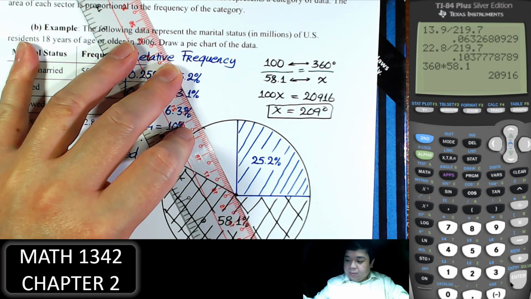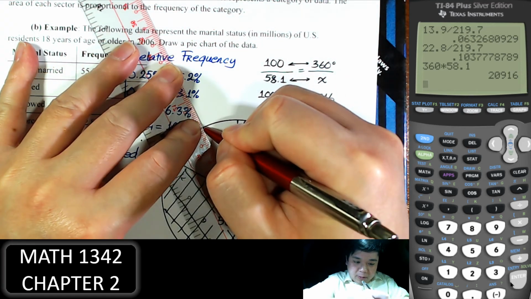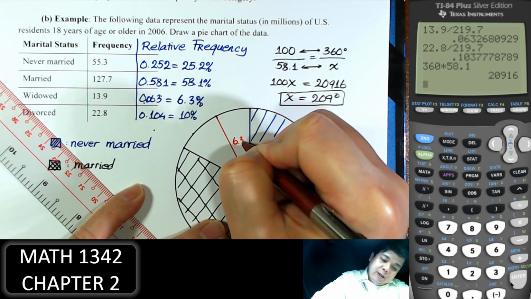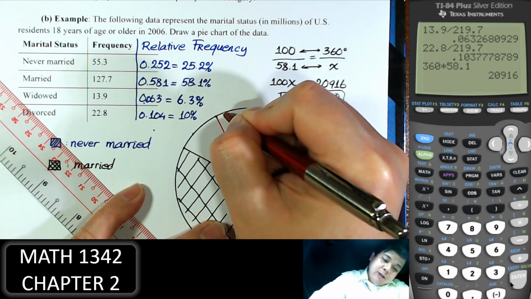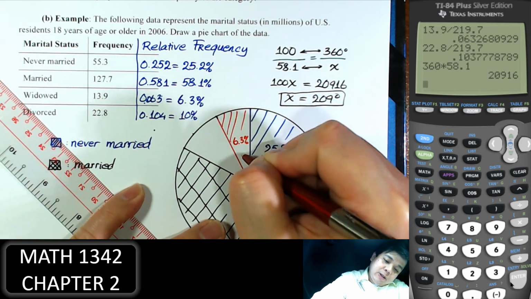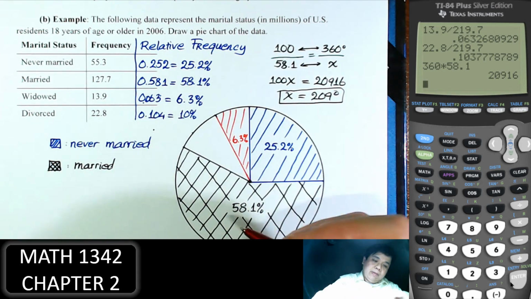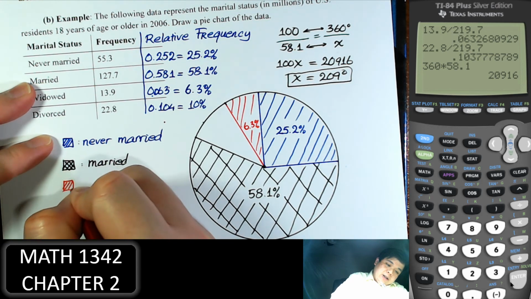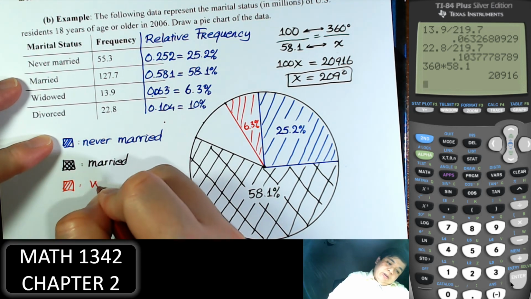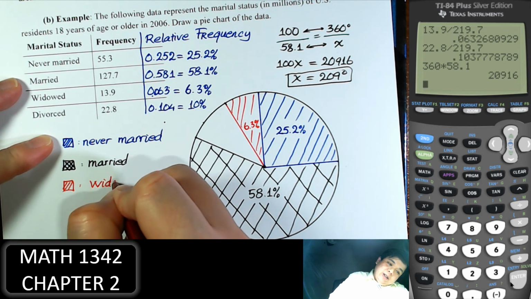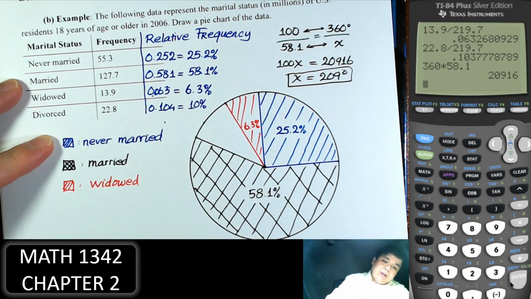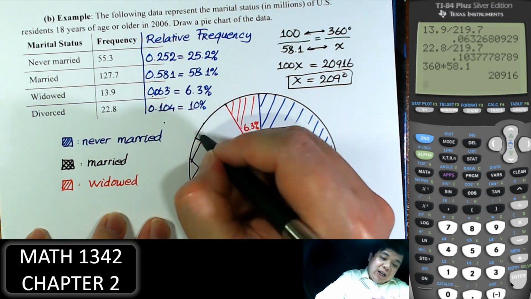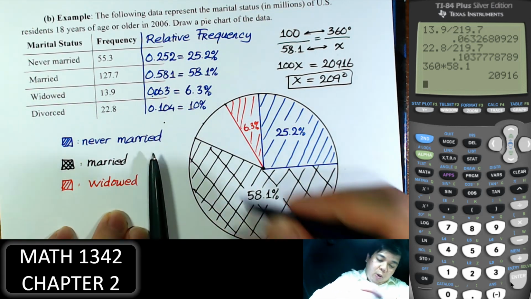So we say this portion is 6.3%. So this color from this pattern is for widowed. And then what is left is the 10.4%.